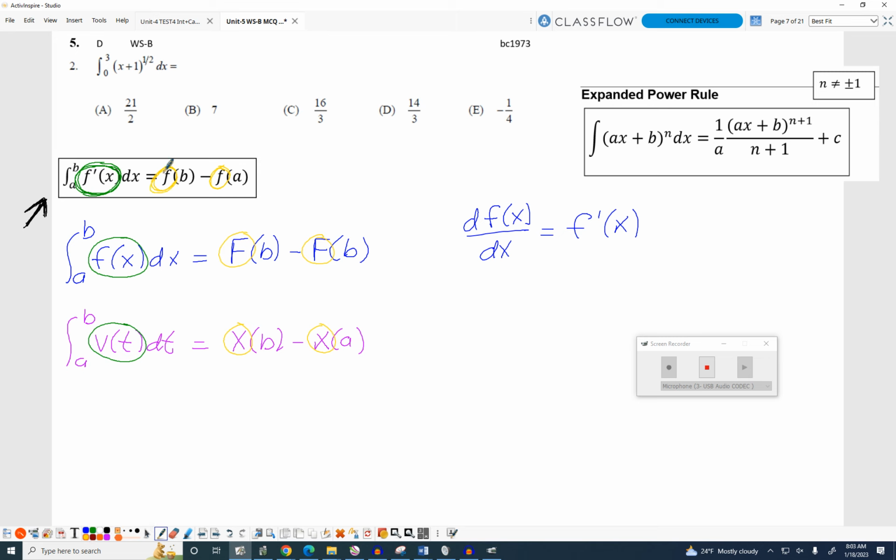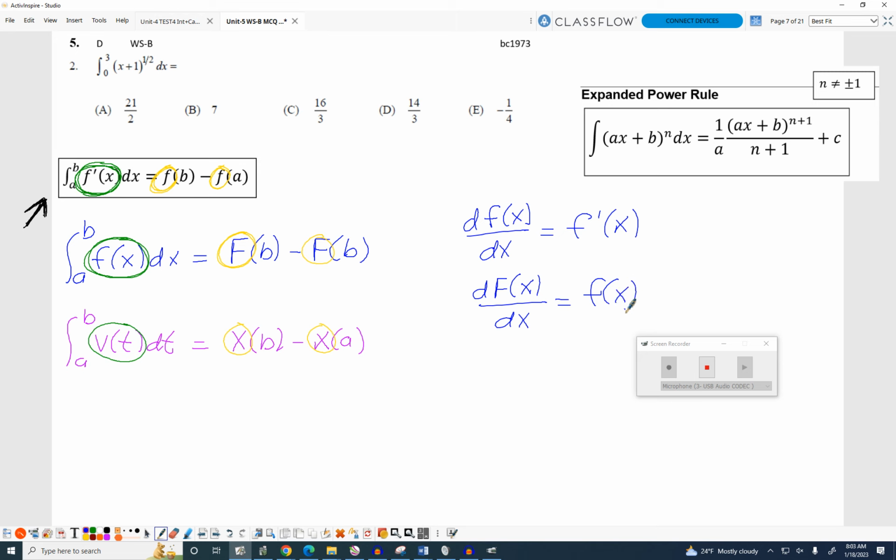No different on every line on the board. This small f has to be the rate of change or derivative of this capital F over here. So I could do the same thing I could write on the board. The derivative of capital F must be small f for this version of the fundamental theorem to be true.